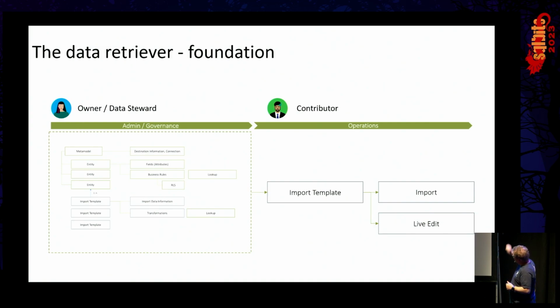On the right side, you see what we call operations. There is somebody who just uses the import template and then does the import or the live edit, because we also offer functionality to edit values directly on a destination table, but again with all the validation processes and business rules that apply.